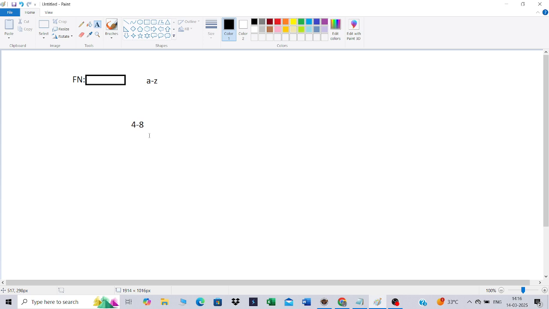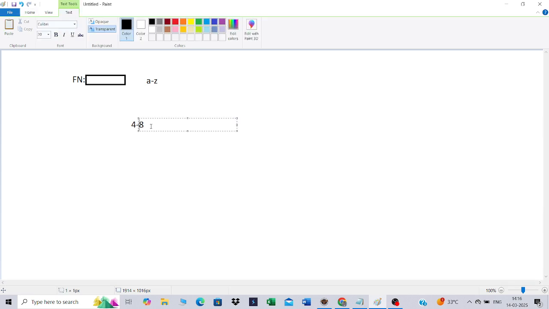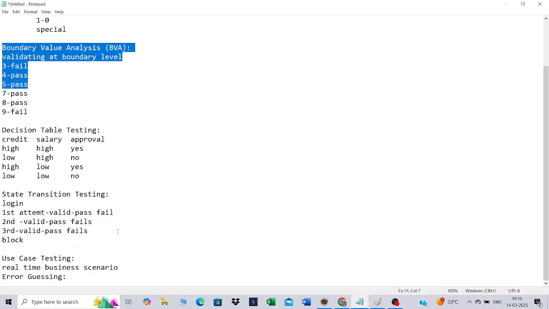So with use cases, we will get to know that 4 to 8 is not the criteria, and we have to increase it. There could be people having 10 characters, correct? So we have to increase it. That is what use case testing is, guys.